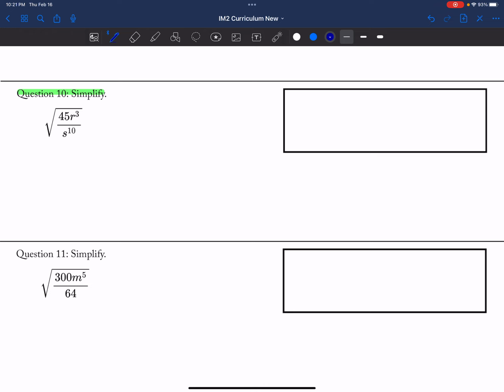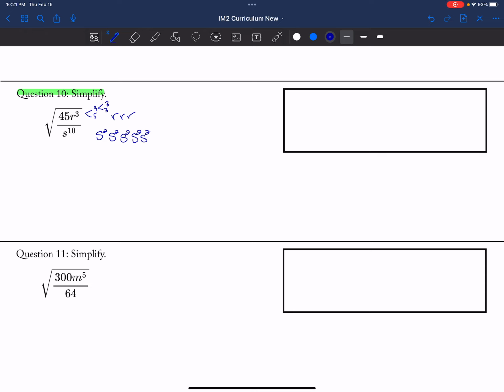Feels like we just did one like this. Okay, so 45 is the same thing as 5 and 9, and then 3 and 3. I have 1, 2, 3 R's, and then I have 10 S's, which is basically 5 pairs of S's, because 5 times 2 is 10.